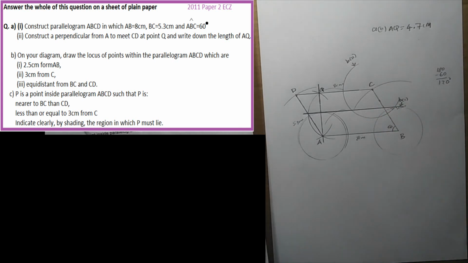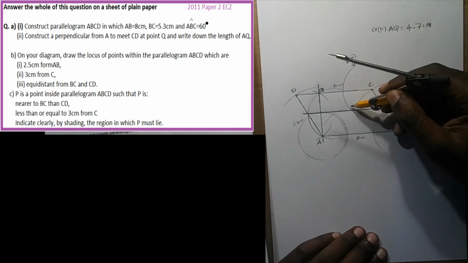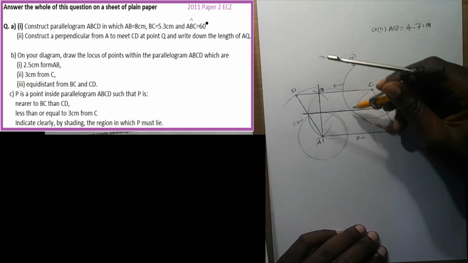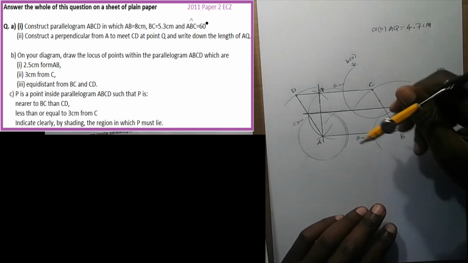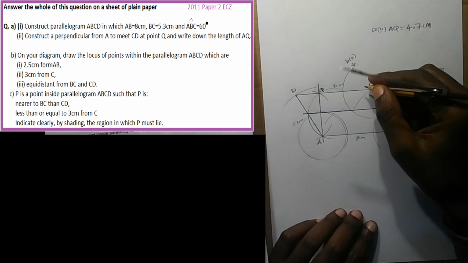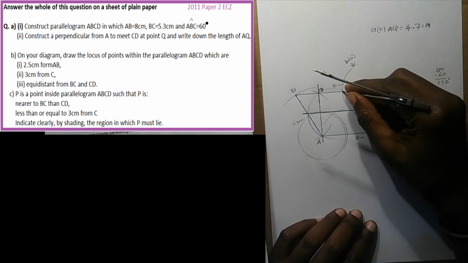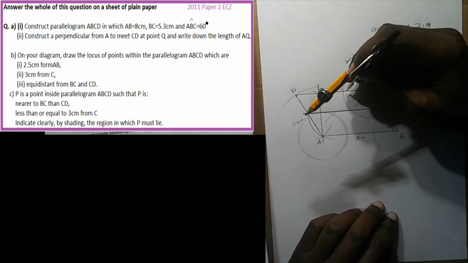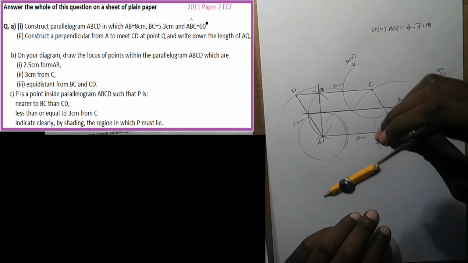And then the third one says equidistant from BC and CD. So you go to the common letter here, which is C. You go and bisect that angle C. And since you've already drawn this arc, you can use that one. So here where the arc meets CD, and also here where it meets CB, you place your compass there. You can open any radius of your own choice.